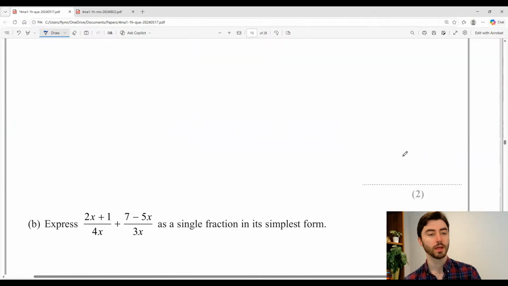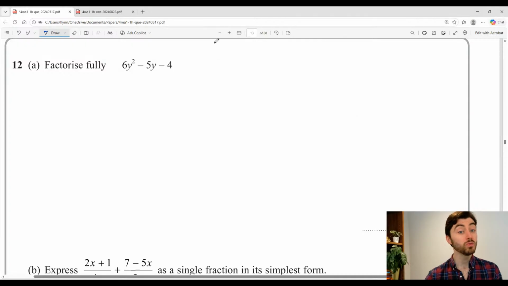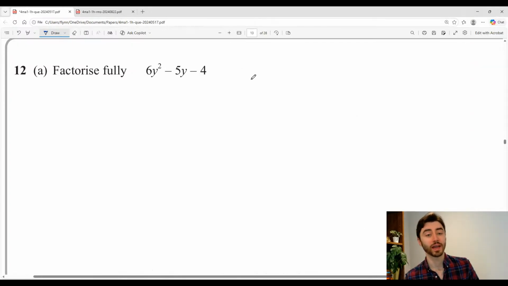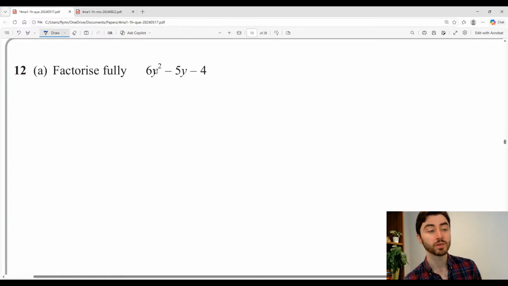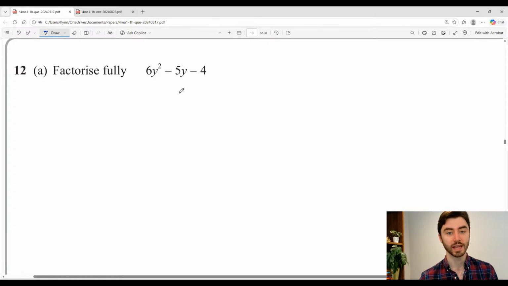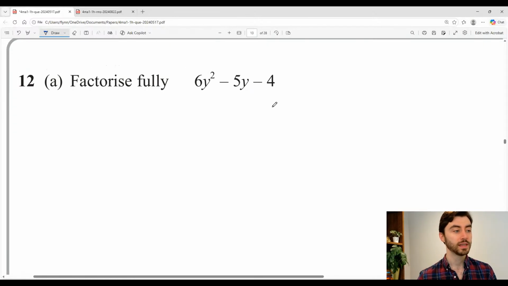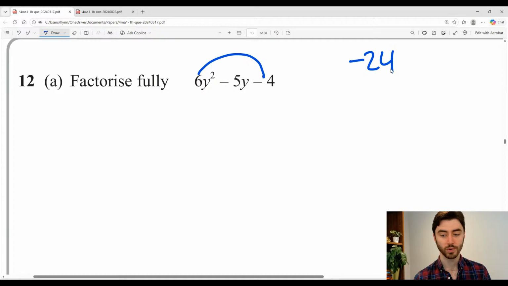Okay. So factorize fully. Okay. So can your calculator do this? Yes. Am I going to get my calculator to do this? No. What I'm going to do instead is remember how to factorize when there's a number in front of the x squared, or when a is bigger than 1. So in this case, I multiply the front number and the back number, and I get a target number of minus 24.